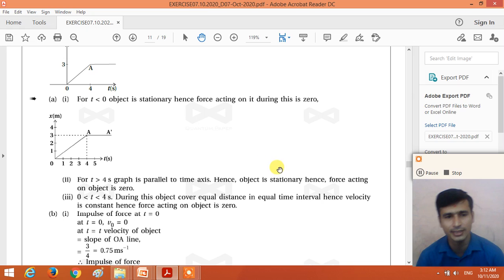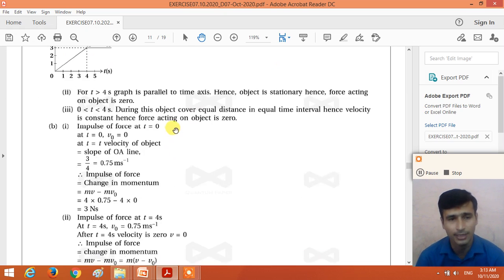Between t equal to 0 and 4 seconds, the graph is a straight line, so the object moves with uniform velocity. If the velocity remains constant, the acceleration is 0, and according to Newton's second law, F equals m times a, the force acting on the object is also 0.